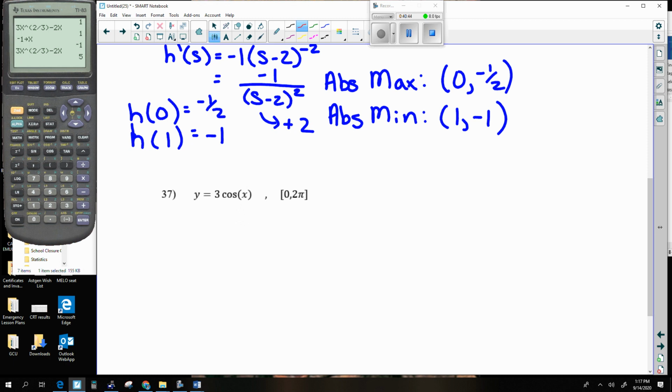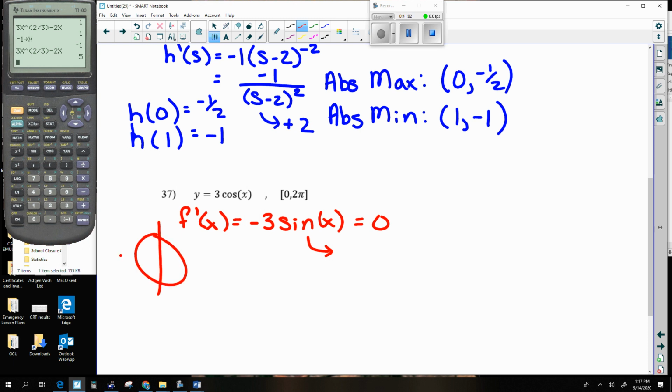All right, 37. f prime is the cosine, so that's negative sine. And where is this equal to 0? Well, that implies where sine of x is equal to 0. Where the heck is sine of x? Sine is the y-coordinate.